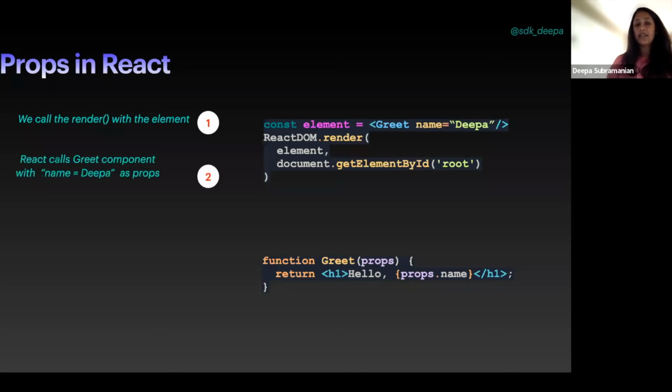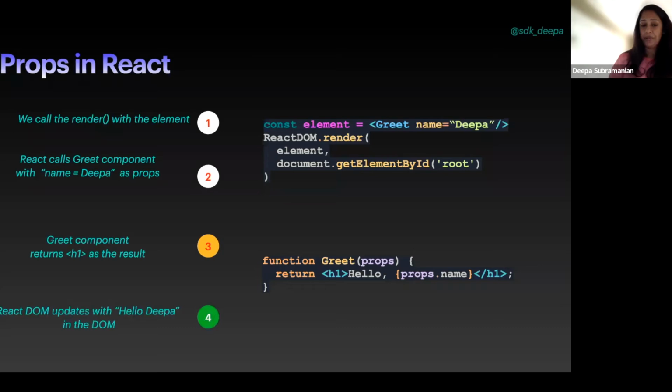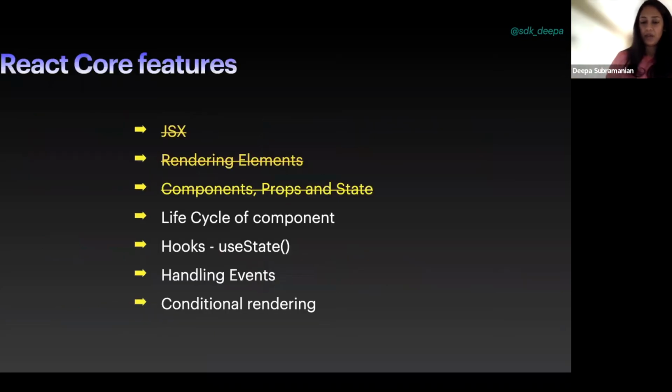So what does greet do? React calls the greet component with the name as property. And then greet returns the h1 tag. And as a result, the DOM is getting updated with hello Deepa. This is how props work in React. So props are nothing but properties which you pass inside of a component, like this greet one.